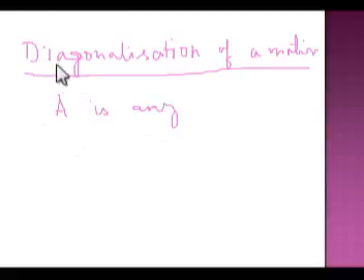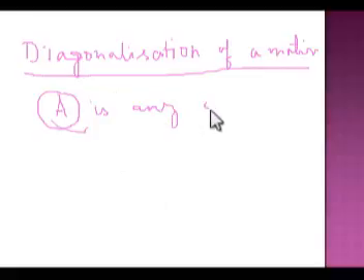If you can transform a matrix into a diagonal matrix, then you can very easily understand the eigenvalues of the matrix. Eigenvalues of course occur on the diagonal elements. That's why diagonalization is very important.